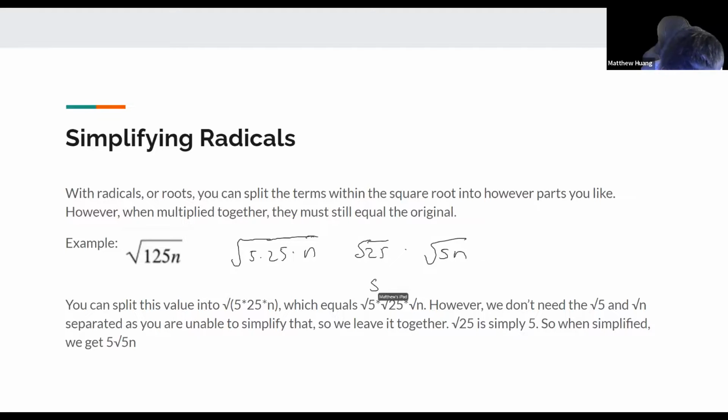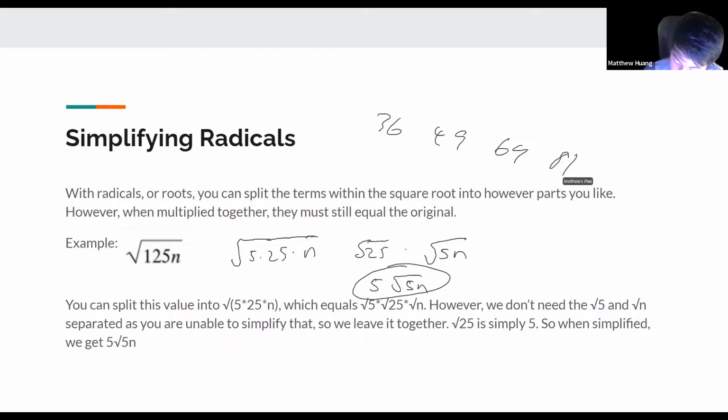Root 25 is equal to 5, so this just turned into 5 times root 5n. So with these radicals, you just play around and think about what squares you can factor out. Just keep in mind values like 36, 49, 64, 81, stuff like that.